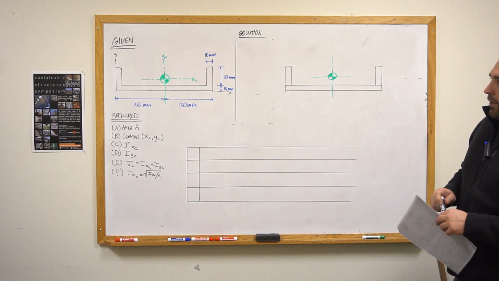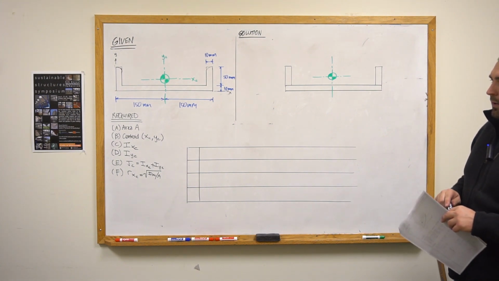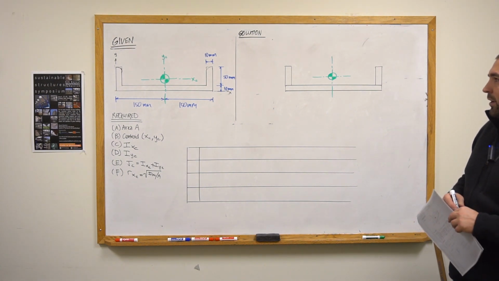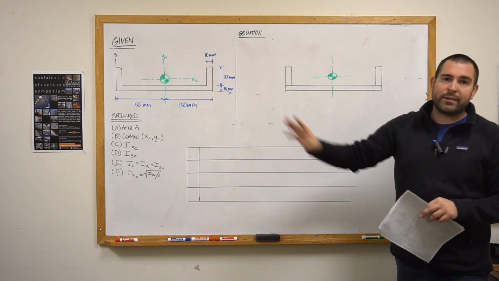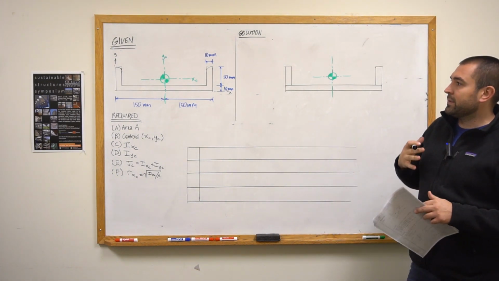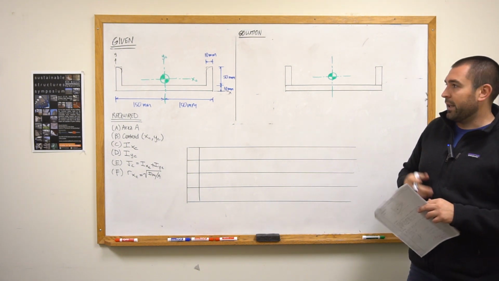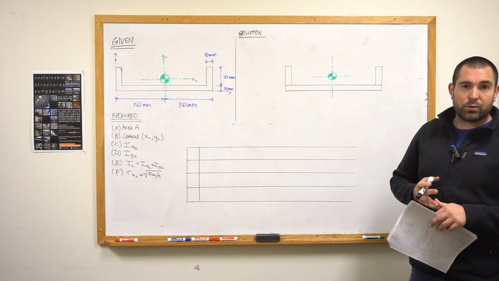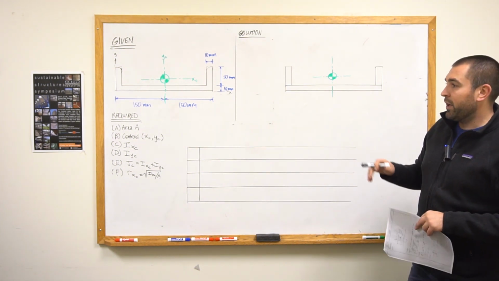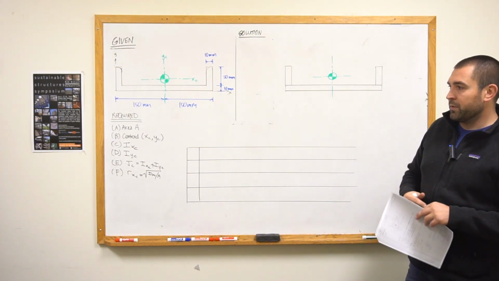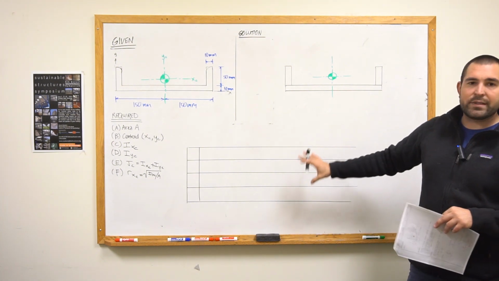Okay, but looking at area, looking at centroid and moment of inertia gets to be a little bit trickier, but the good thing about a problem like this is that if we can break down our shape into simple geometric shapes like rectangles, triangles, maybe circles as well, then we can easily calculate each of those required values in tabular form.